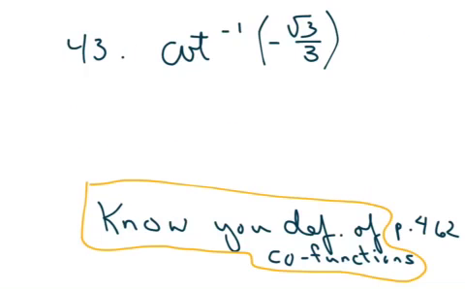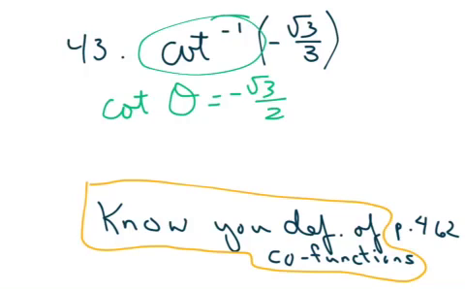Okay, so here's another one. We have cotangent of theta equals negative root 3 over 2. Since we're dealing with the inverse, we need to know what our restrictions are. And we know our restrictions are in between 0 and pi.